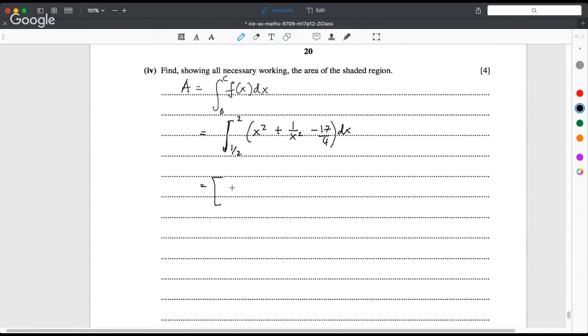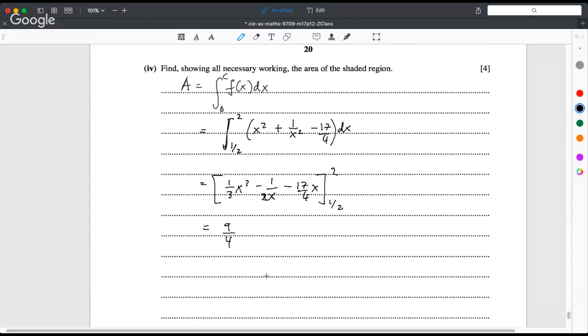Which is going to be 1/3 x cubed minus 1 over x, minus 17 over 4 x, all evaluated between 1/2 and 2. And you can plug that in to get the solution. And there we go.